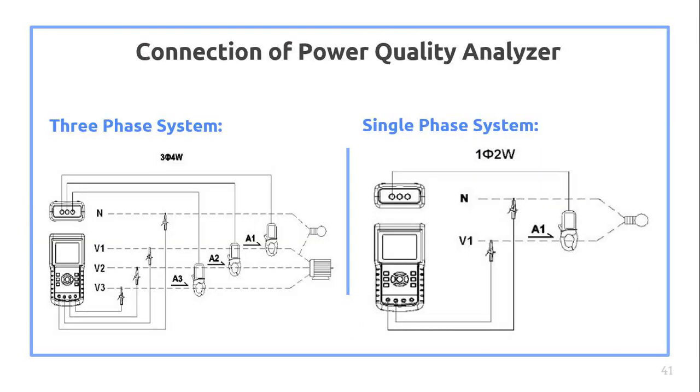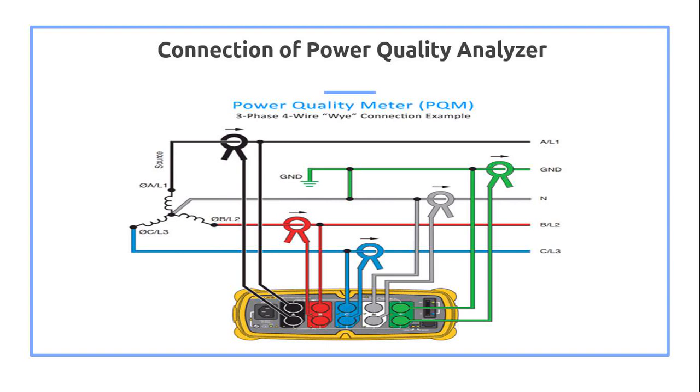This is the connection of the power quality analyzer. This is a 3-phase 3-wire system, with R, Y, B and one for ground. And this is for a single-phase power quality analyzer connection. And this is again for when your system has a 3-phase 4-wire system, with ground and neutral separate.